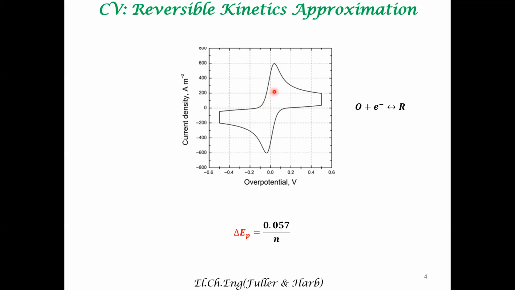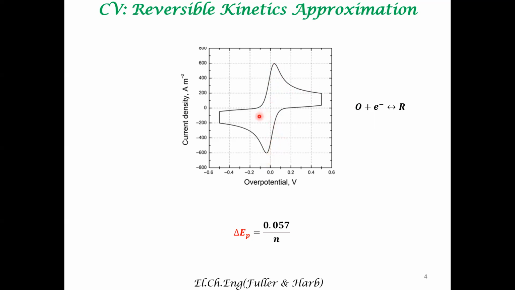Even though the thermodynamic driving force increases as we go in the anodic direction, the amount of species available that can be oxidized keeps decreasing. The convolution of these two factors gives rise to an anodic peak. Likewise, we can argue in the cathodic direction.